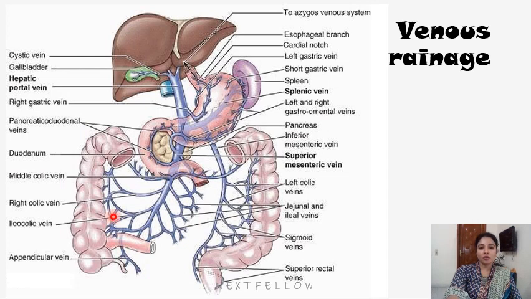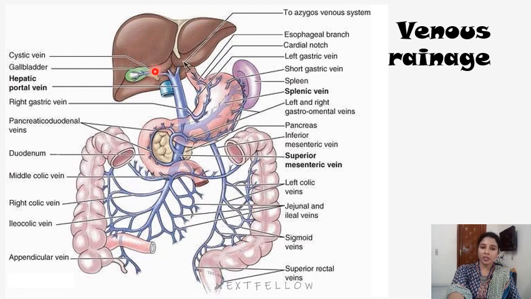Venous drainage of appendix: it drains into the posterior cecal vein. We can see the appendicular vein drains into posterior cecal vein. Posterior cecal vein drains into superior mesenteric vein. Superior mesenteric vein joins with the splenic vein to form portal vein. Portal vein forms sinusoids in the liver and forms the central vein.